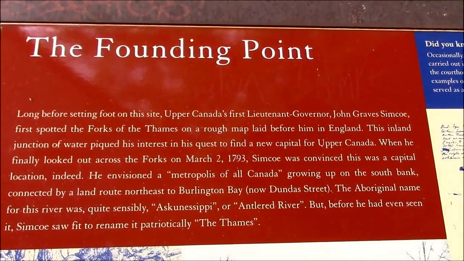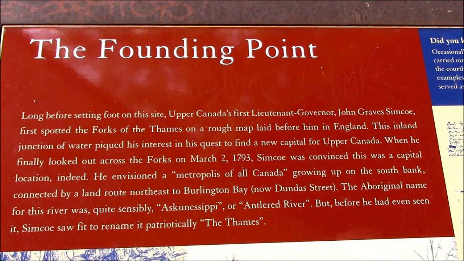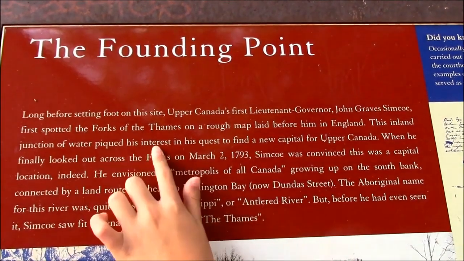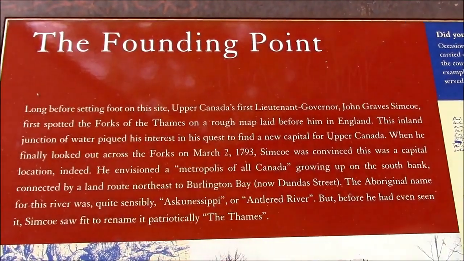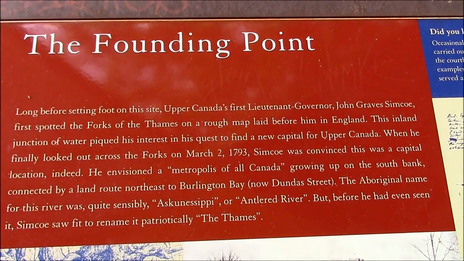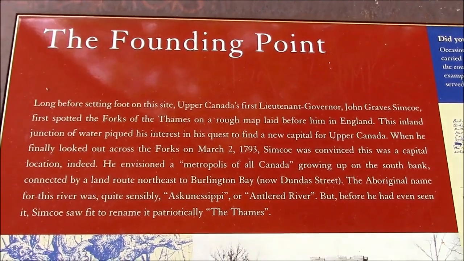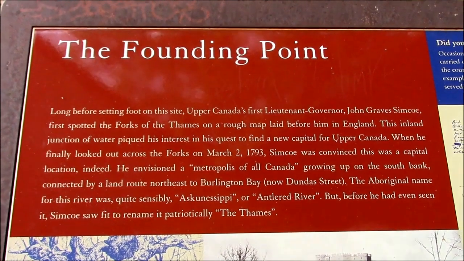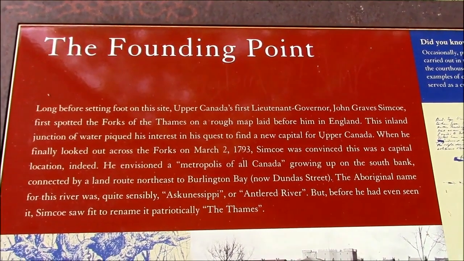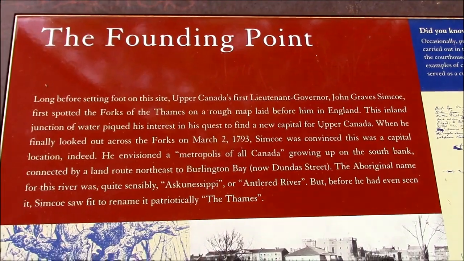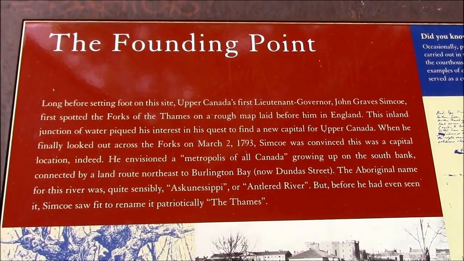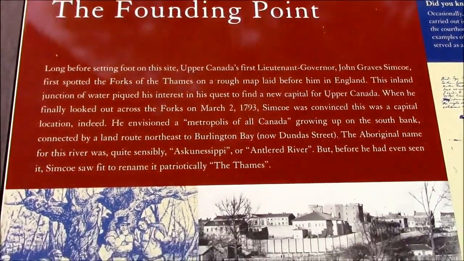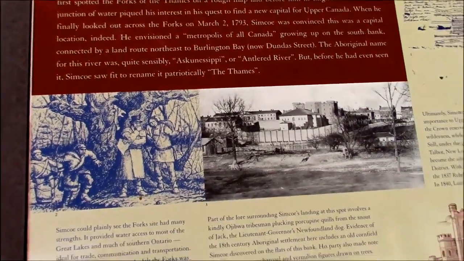This inland junction of water piqued his interest in his quest to find a new capital for Upper Canada. When he finally looked out across the fork on March 2nd, 1793, Simcoe was convinced this was the capital location.